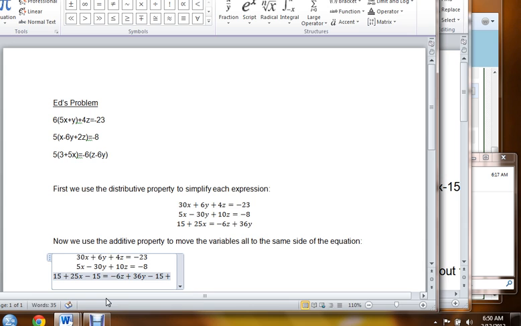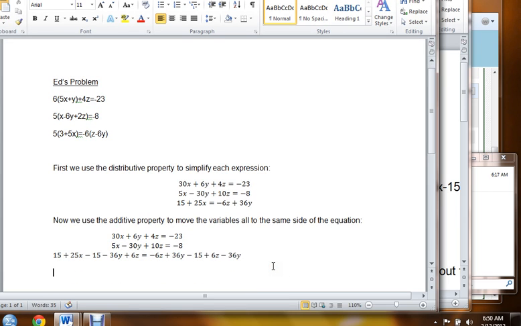So I'm going to add 6z on this side to cancel out the minus 6z and the plus 6z. And then I'll make sure I add the 6z on this side also. And I'm going to subtract the 36y from this side to cancel. And then I'll have to subtract the 36y on this side as well. Okay, so that shows the addition property on the third equation.